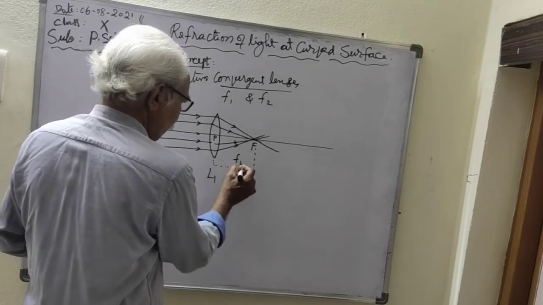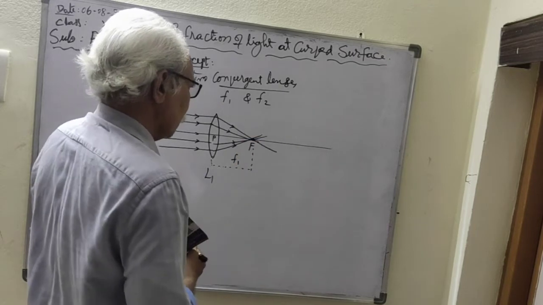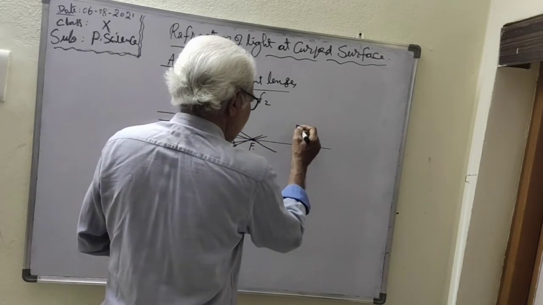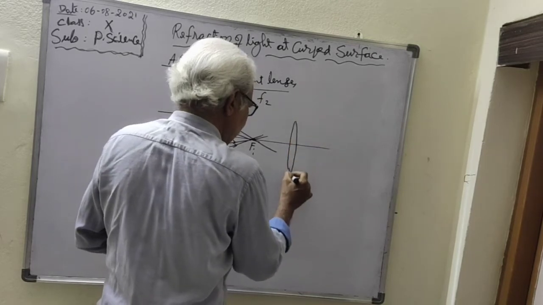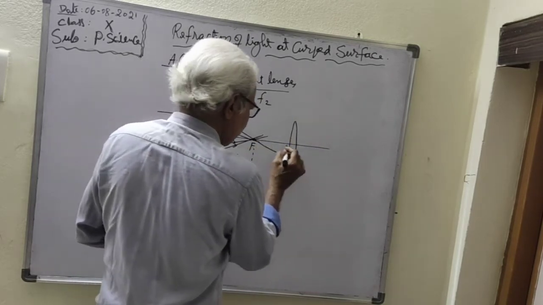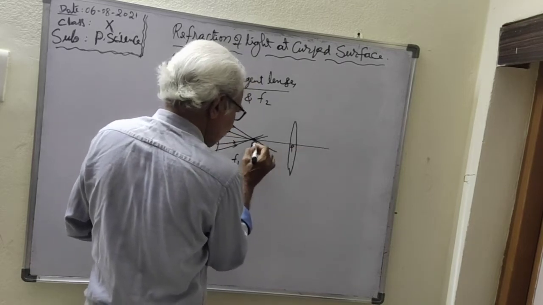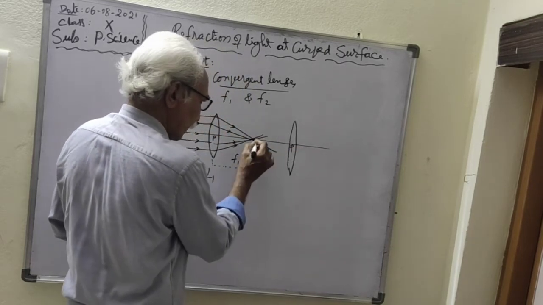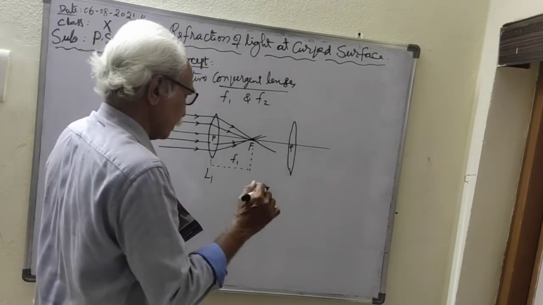For lens 1, at the focus we get the image. Now you keep another lens, and for this lens, this is the optic center, and again this focus, where the image is formed, is acting as an object.